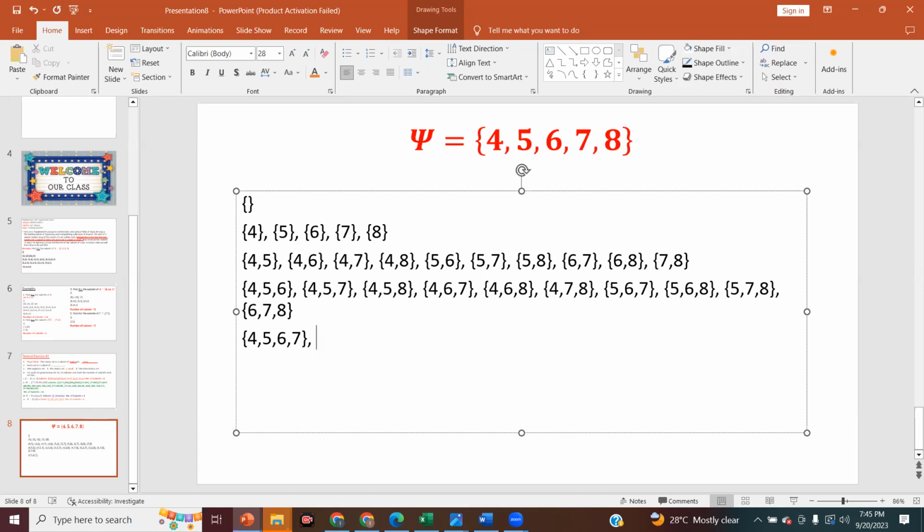Then we're gonna do 4, 5, 6, 8. Okay. So that's good. Then we're gonna do 4, 5, 6, 7, 8. Now we're gonna take out the 4. 5, 6, 7, and 8.